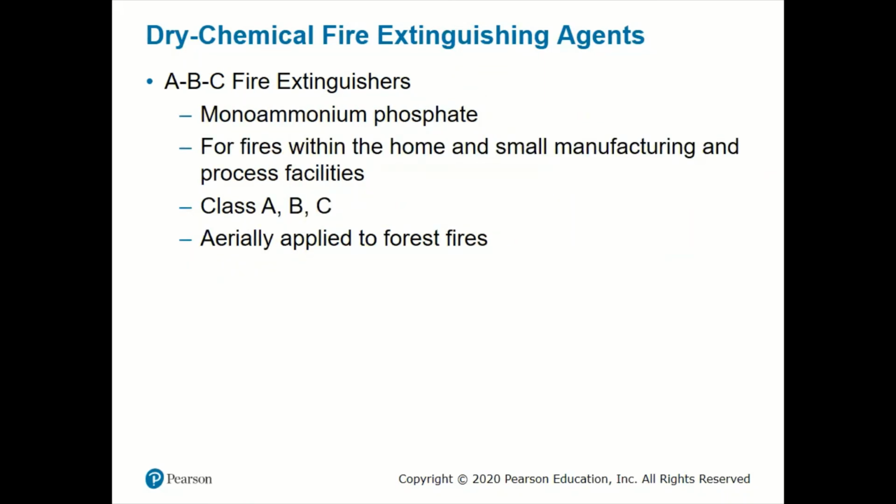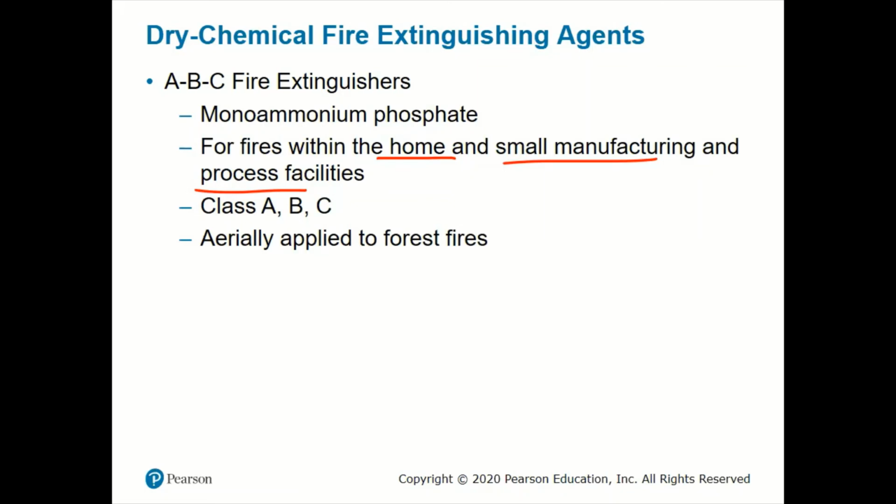ABC fire extinguishers, again, those are monoammonium phosphate. We see them primarily for home use, as well as some minor industrial uses. And certainly things like building fires, things like general safety action plans would have ABC fire extinguishers present at least on every floor in a building, if not in multiple places on each floor.